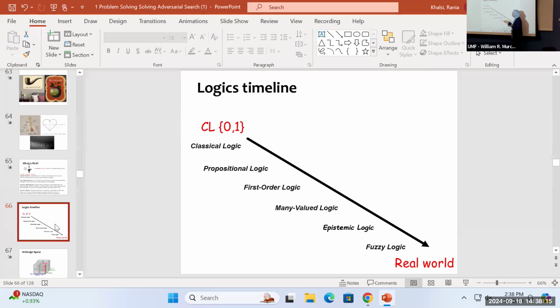For example, his name is Dallas, okay? This is a fact. We can denote that with P, and P could be true or false. And we start discussing things like this, okay? Then we moved to first order logic, where each time we are trying to approach the real world.